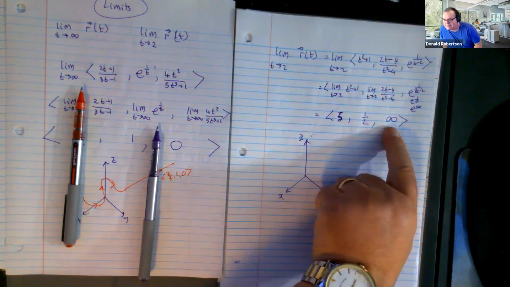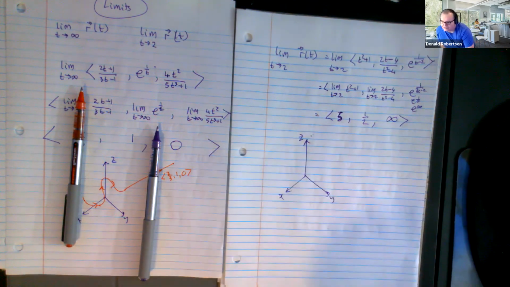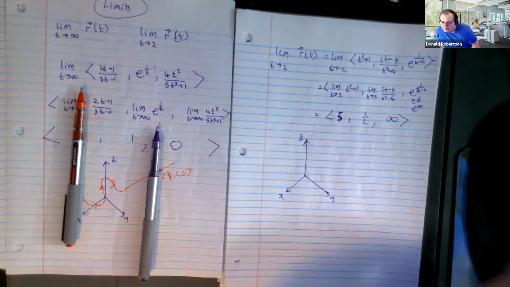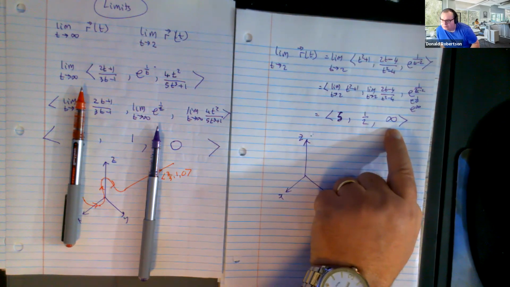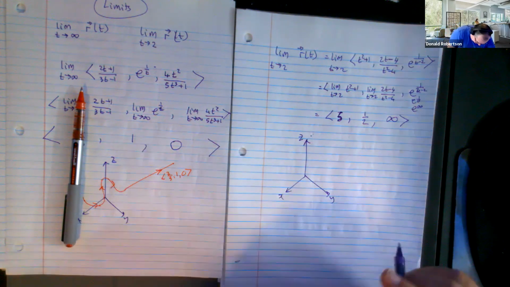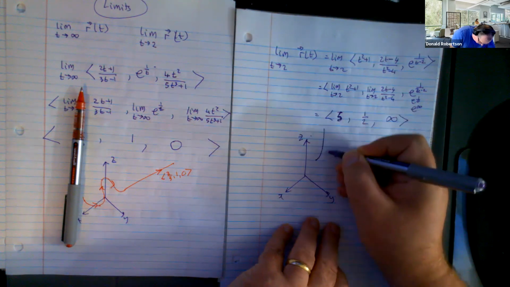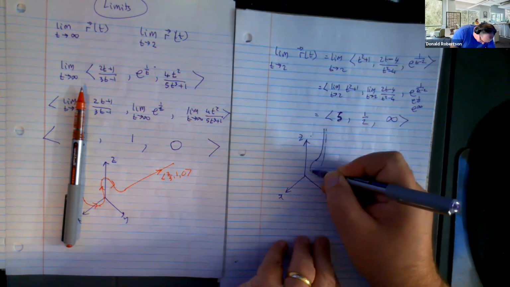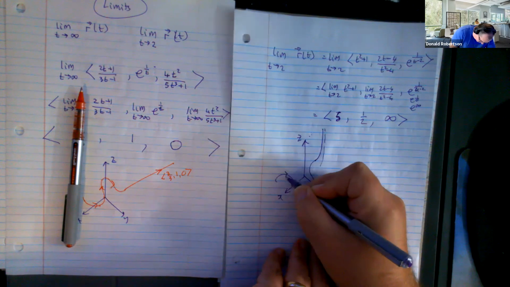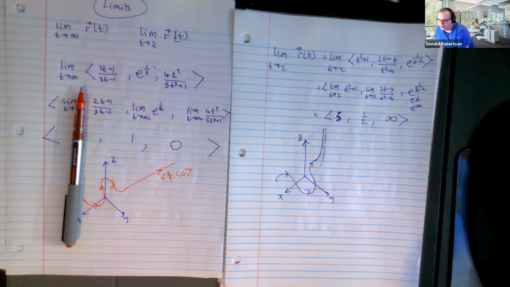This guy here is essentially telling me that we have a problem at t equals 2. And at t equals 2, the z component is infinite. So can you imagine that this curve does the equivalent of a vertical asymptote at t equals 2?